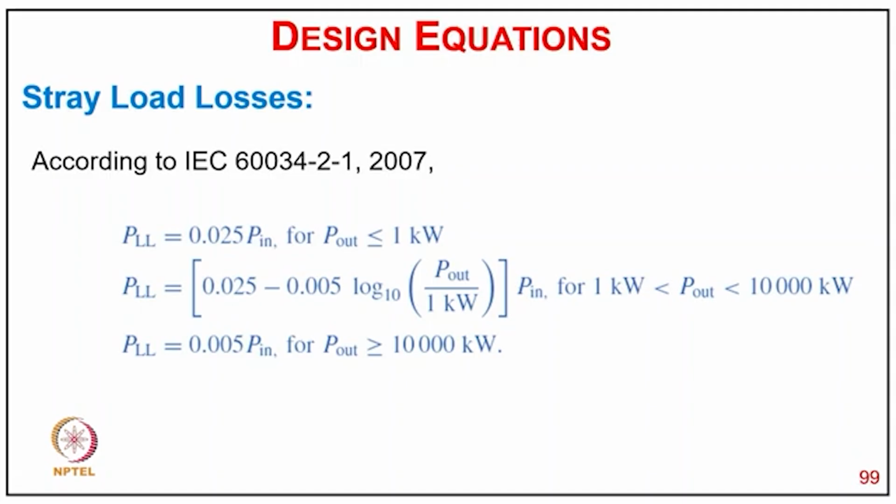Usually this single phase motor is in the first category, where PLL equal to 0.025 Pn. So that is of the order of about 2.5% of input power.